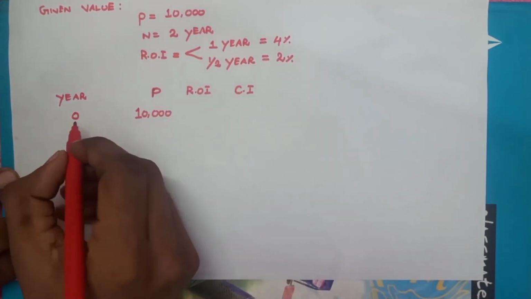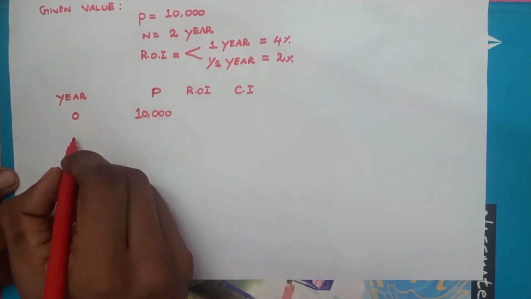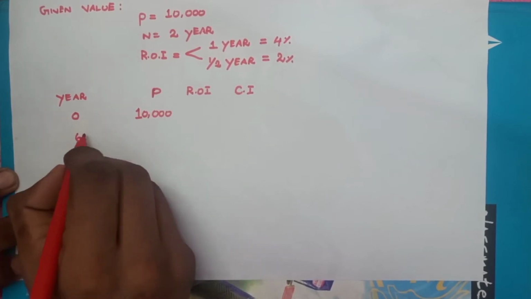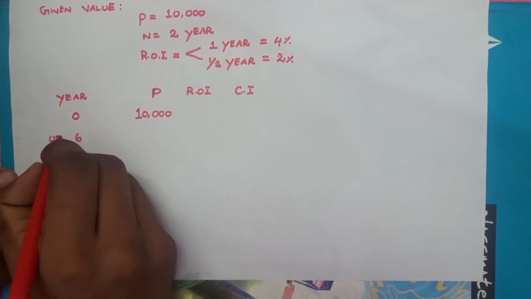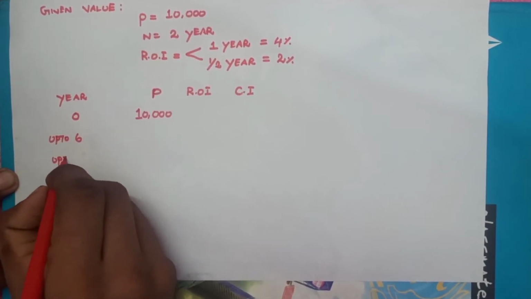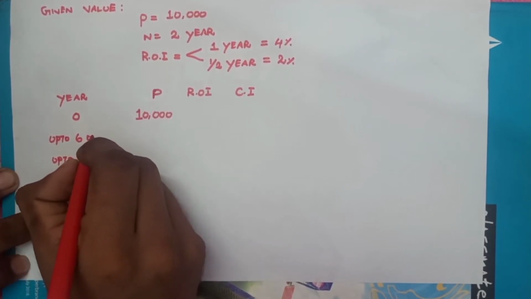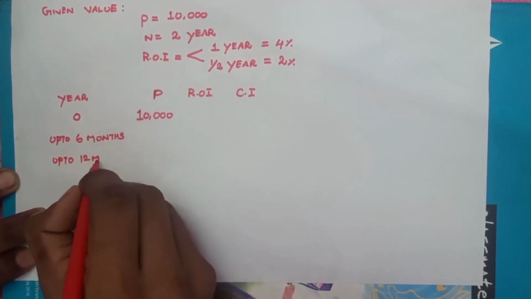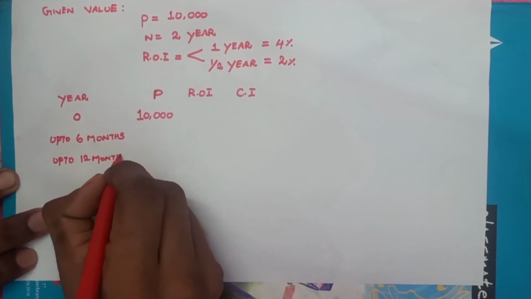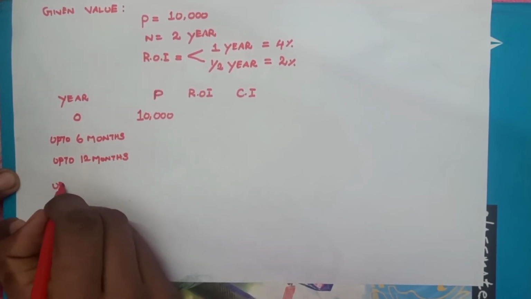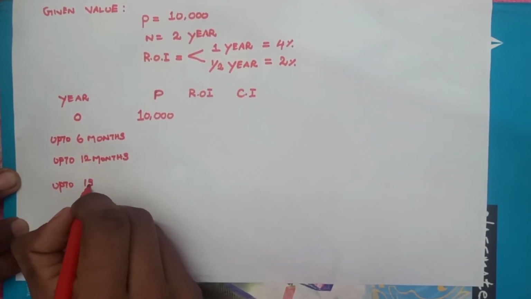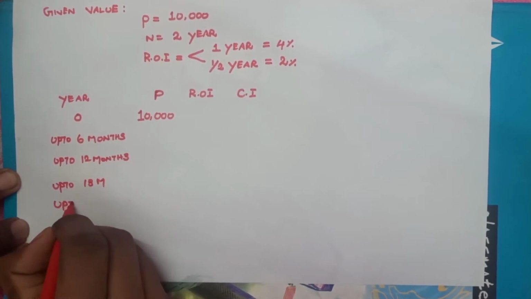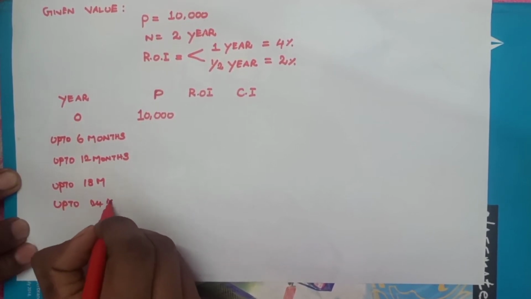That is up to 6 months, up to 12 months, up to 18 months and up to 24 months, right?